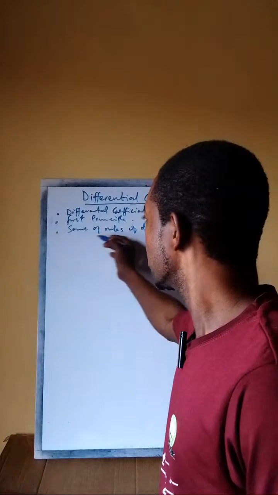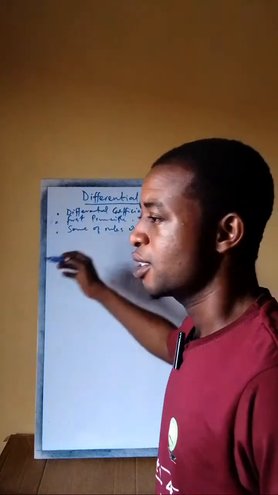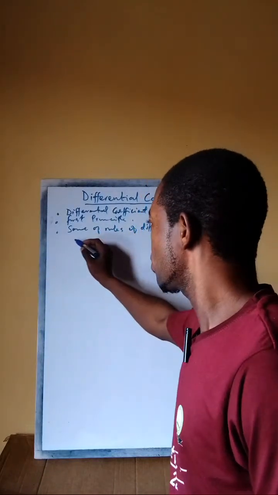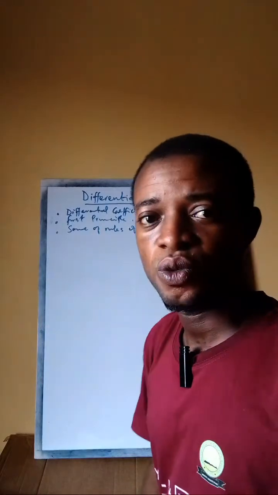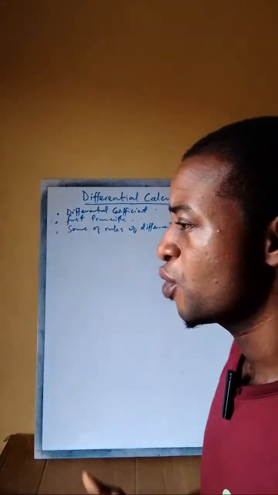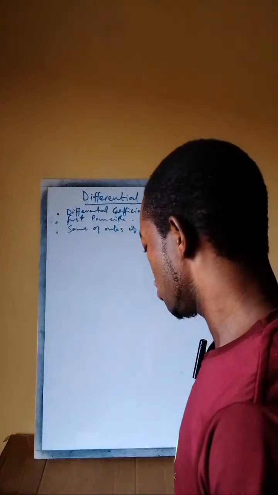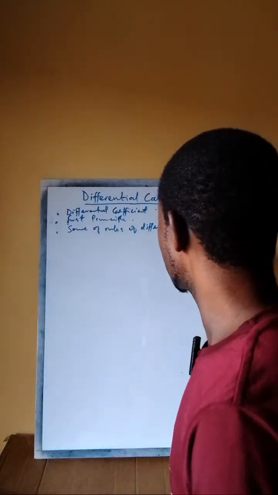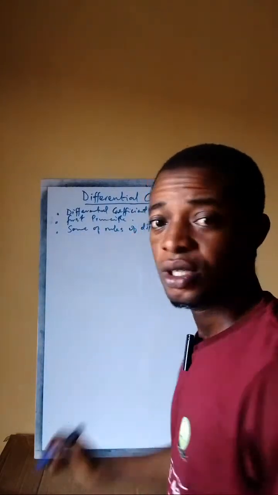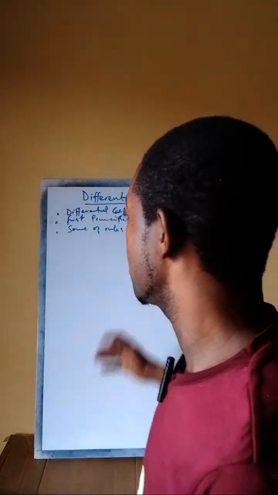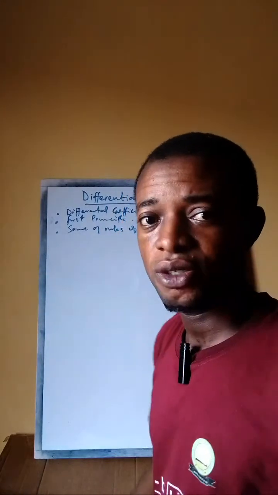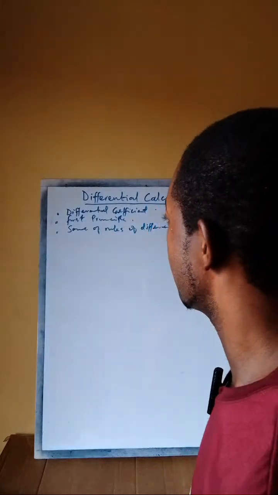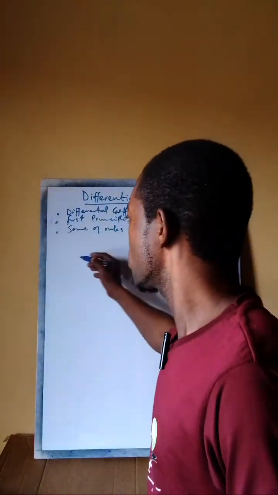We have the sum and difference rule, the product rule, the quotient rule, then we also have the chain rule, which is a derivative of a function of a function. So if you want to look at the videos we've done under this, you can check our previous live class to see all this.